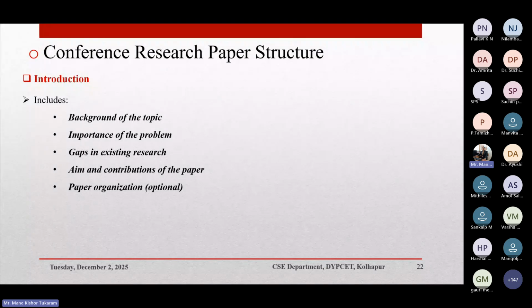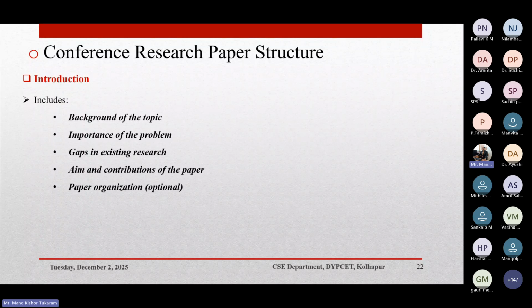Again, we need to highlight a few existing research gaps included under the introduction, and we need to write the aim and contribution of our paper. We need to write what the scope is, what the aim is, and what contributions we are able to add. After that, we need to write the paper organization.